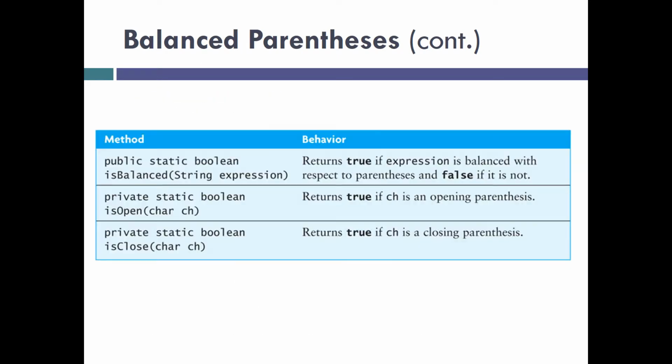They go into a bunch of code detail. They create a method that says, is this string balanced? Return true if it's balanced with parentheses, or false if it's not. Check whether a character is an open parenthesis or a closed parenthesis.